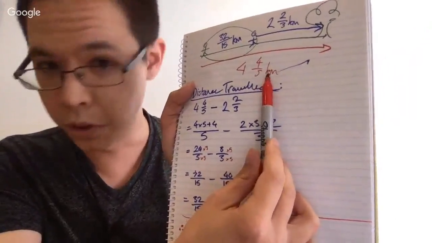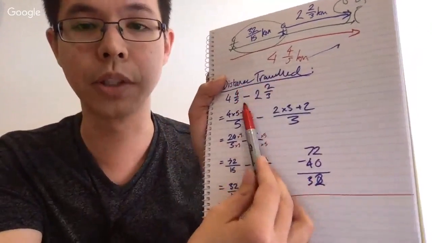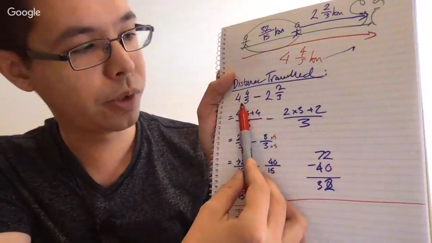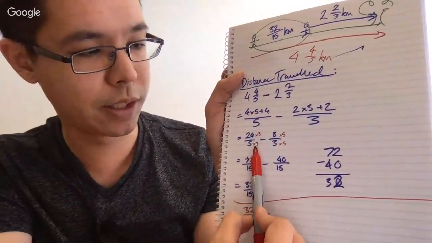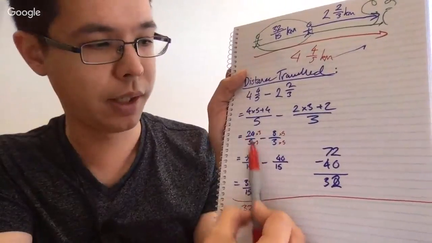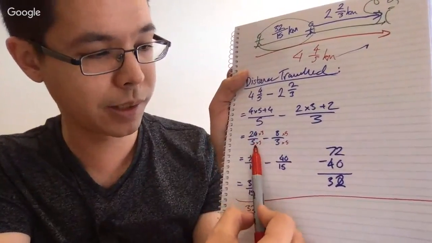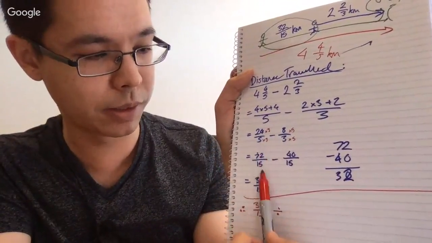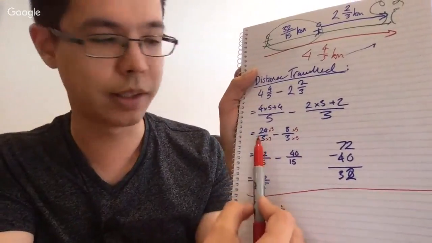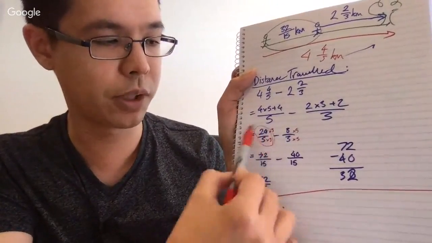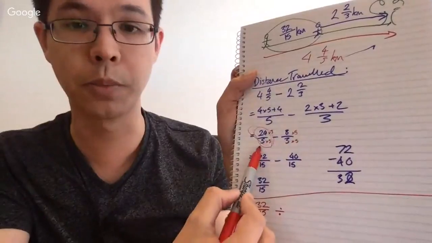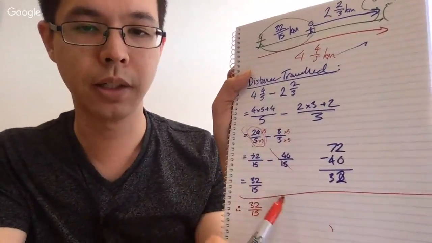Now, I could do it all over again, but I already did it before. So it was over here where I took 4 4/5 and I translated it into 24 on 5. I'm going to use this. In fact, I even converted it to the same base as well, but I may not need to use that. So I'm just going to pull it from here because I've already converted 4 4/5 into improper. Just going to use that again over here.